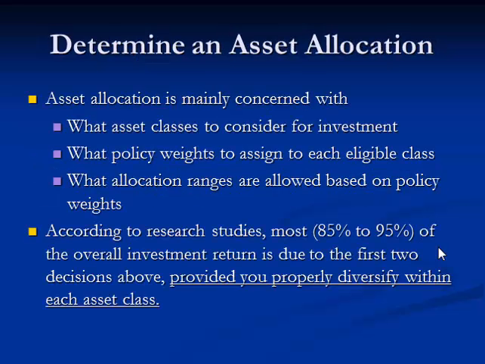Okay. Asset allocation, and as we said, this is somewhat of a review here, is mainly concerned with what asset classes to consider for investment, what policy weights, how much weight to assign each class. You may not want to pinpoint the weights, like I want 40% in stocks, because the minute you say I want 40% in stocks, that means you allocate $400,000 to stocks.